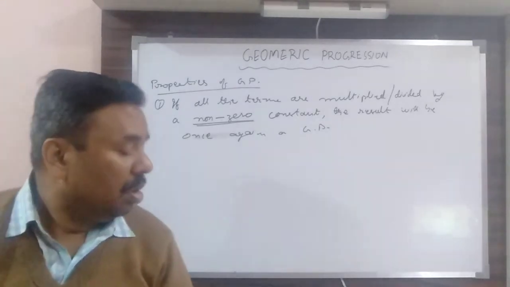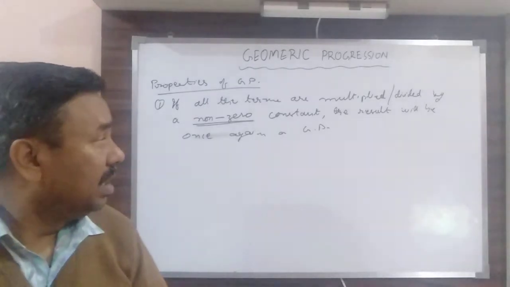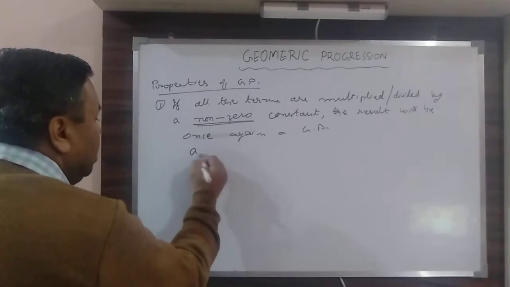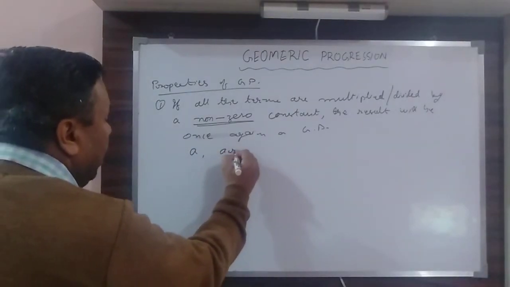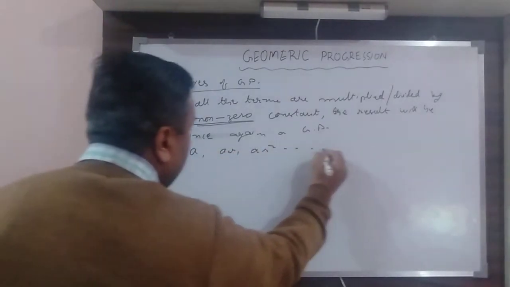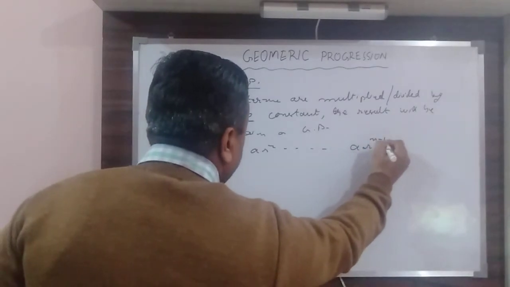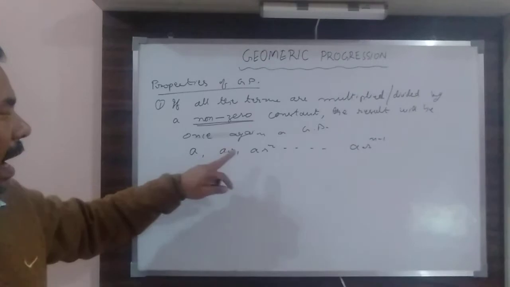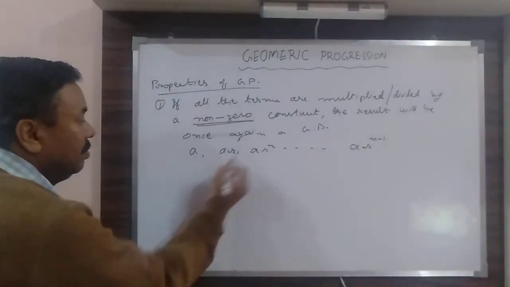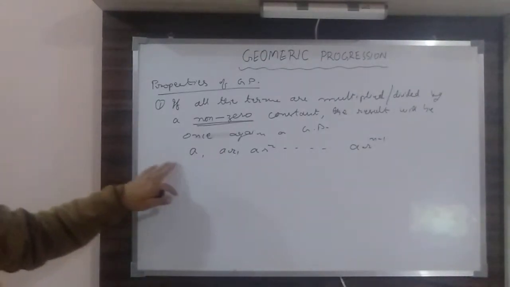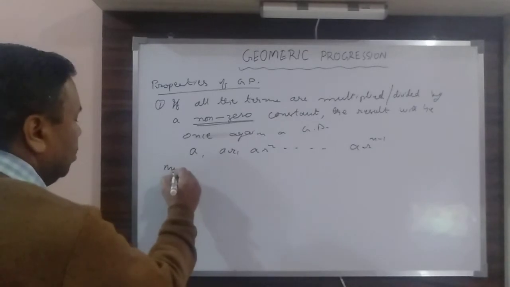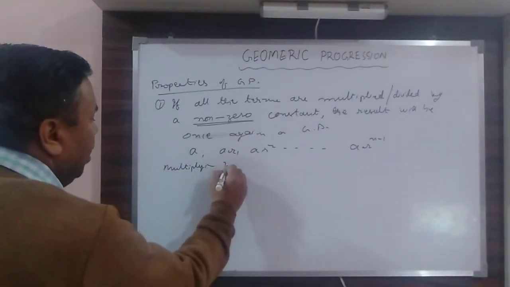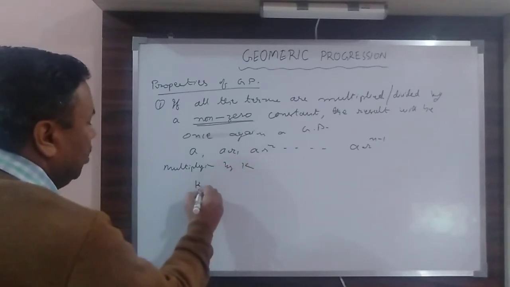Now see, if there is a GP like A, AR, AR square, up to AR raised to power n minus 1, whose first term is A and the common ratio is R, and I am multiplying all by K, what do you get?